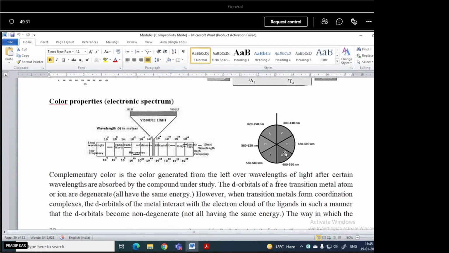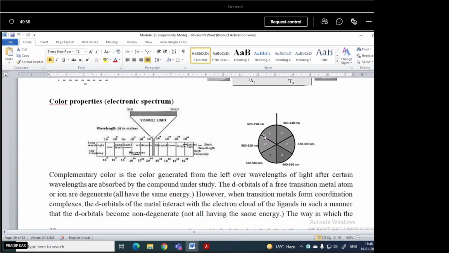And here the important thing is that if the compound is absorbing light in this region, we are getting the color yellow. The question may come: why are we seeing a red shirt as red? This is because it is absorbing the light in the green region, so we are seeing the red color.